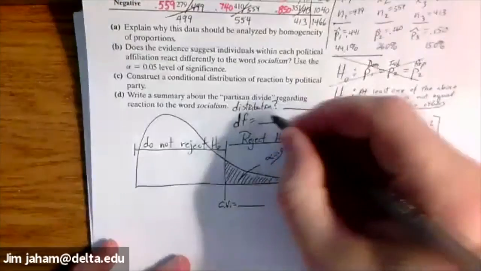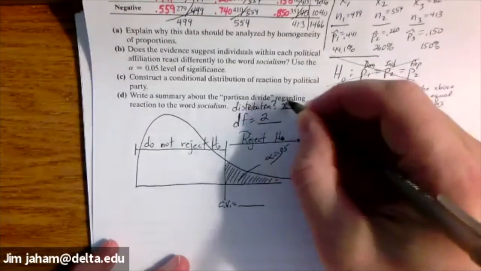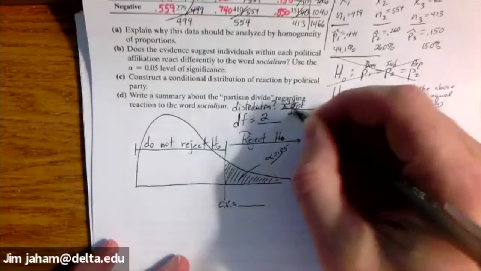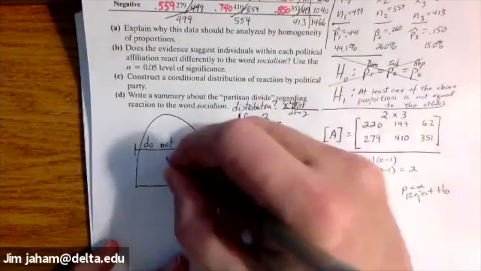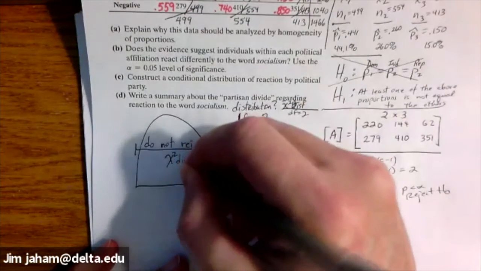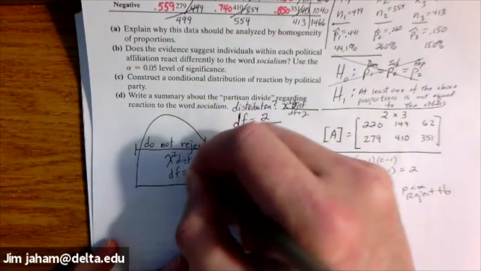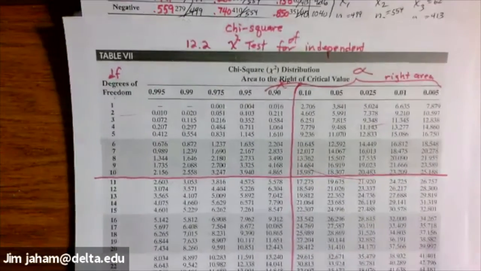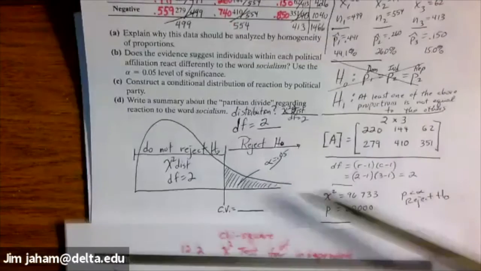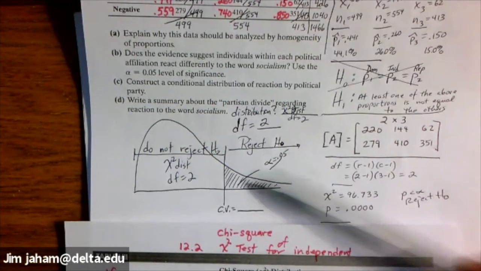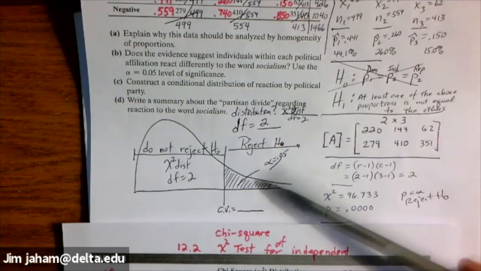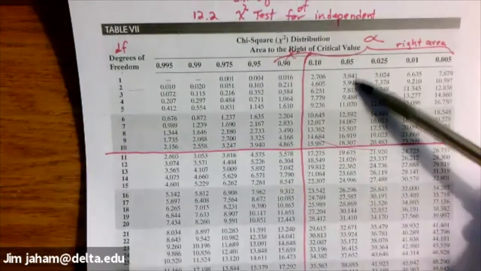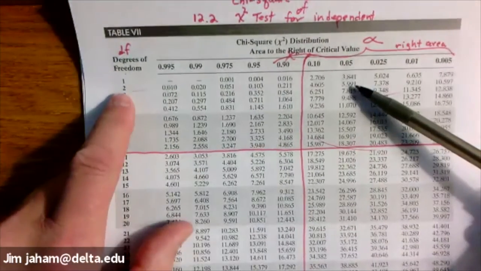All right, so degrees of freedom is 2. This is a chi-squared distribution. If degrees of freedom equals 2, so I'll somehow mark that on my little graph here, and then I'll get out my table, and we have alpha equals 0.05. So alpha we need, and we need degrees of freedom. There's the alpha, and then there's the second row.